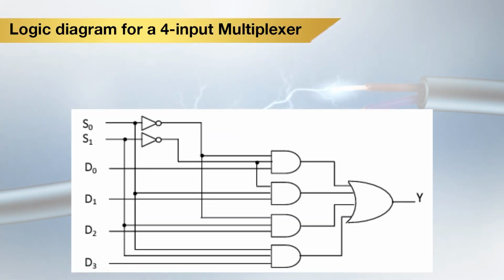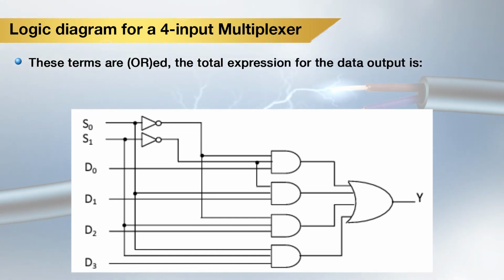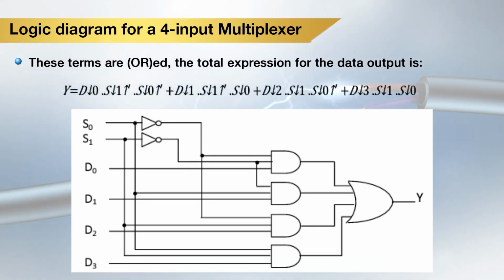So, the logic diagram for the 4 input multiplexer: the terms are ORed. The total expression for the data output Y is equal to D0 S1 bar dot S0 bar plus D1 S1 bar S0 plus D2 S1 S0 bar plus D3 S1 S0.